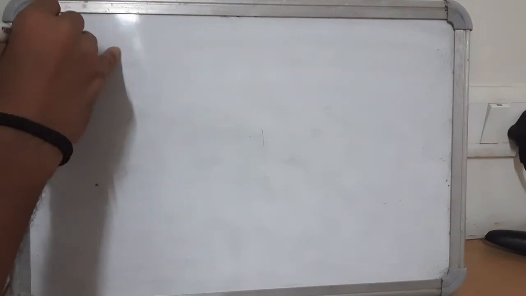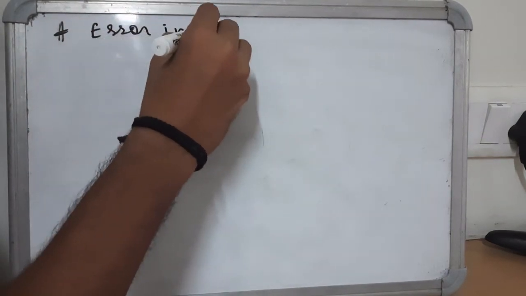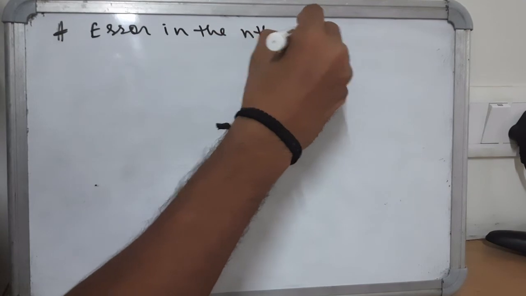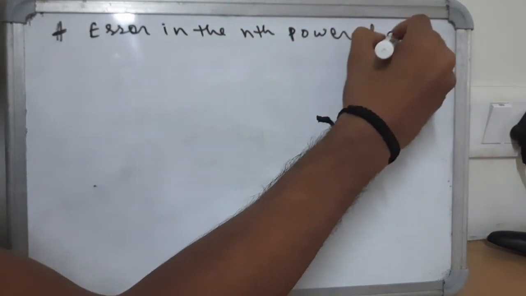Lastly, we will discuss the error occurring in the nth power of a physical quantity. Error in the nth power of a quantity.